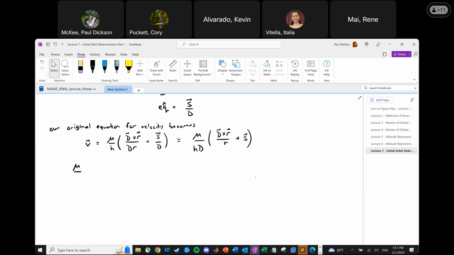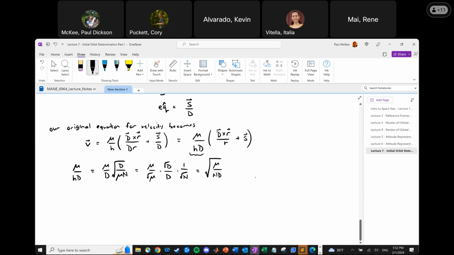Mu over HD is really mu over D times the square root of D over mu N, which is the same thing as mu over square root mu times square root D over D times 1 over square root N. And this becomes the square root of mu over ND.